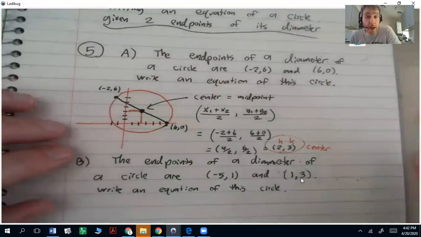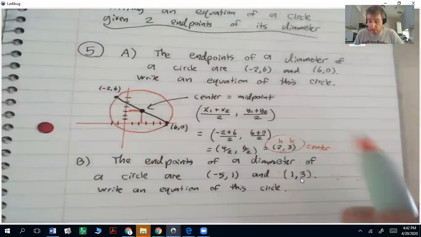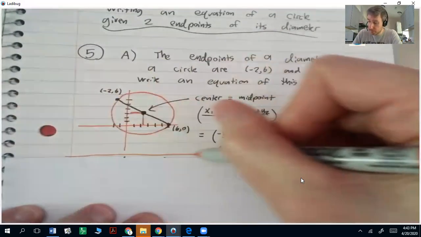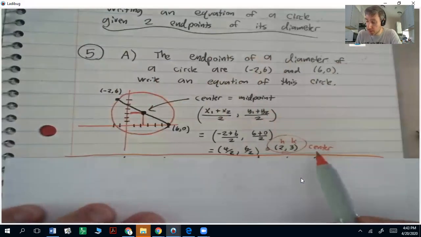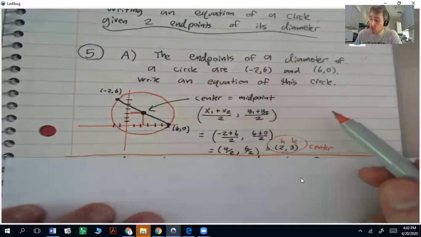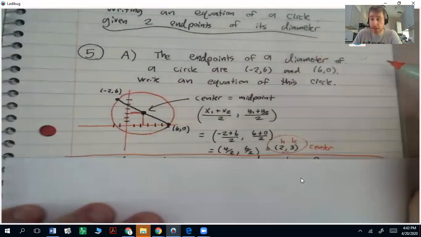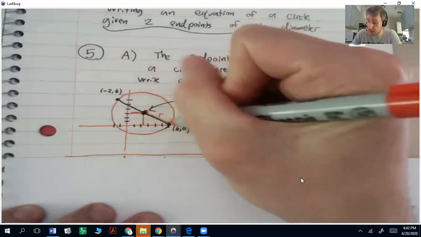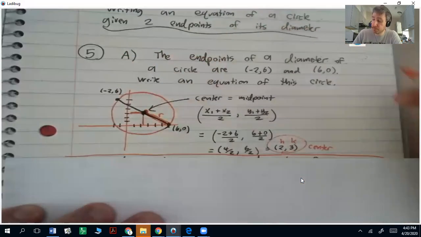So now that we got that part out of the way, this problem is essentially the last example we did, which is given the center and one of the points on the circle. So what we're going to do is pick one of those points to get the distance so we can get our radius. Remember, our radius is the distance between the center and the edge of the circle.